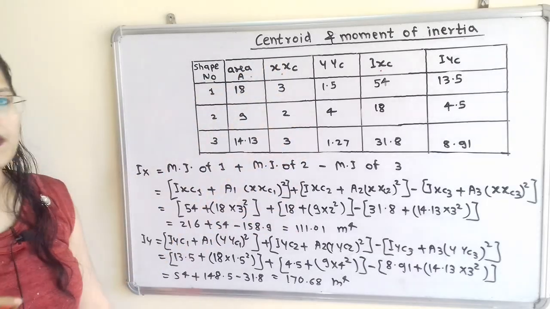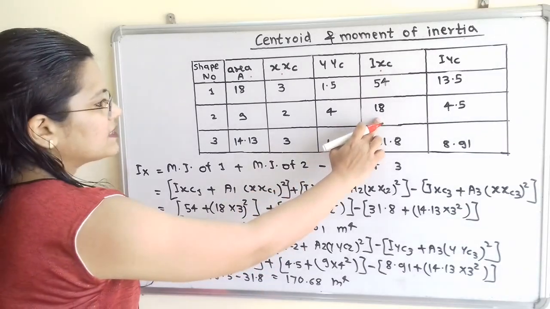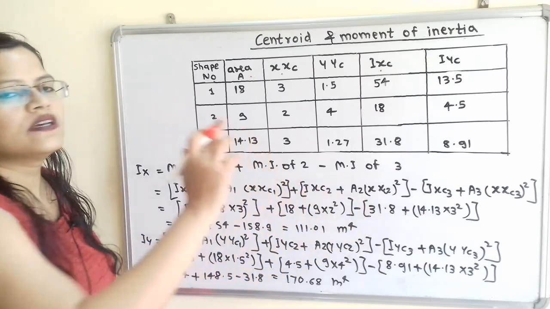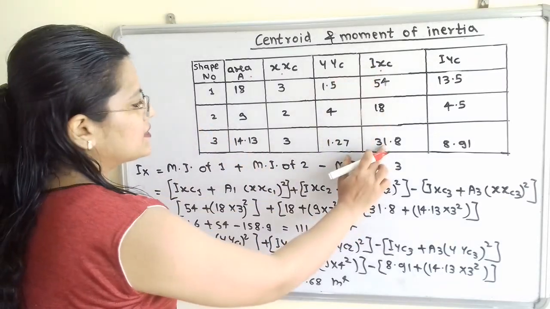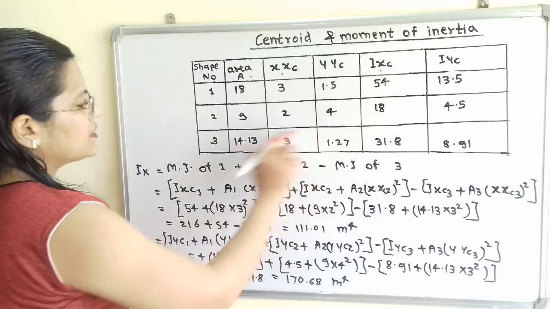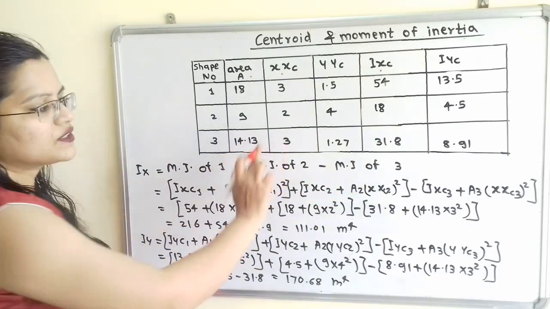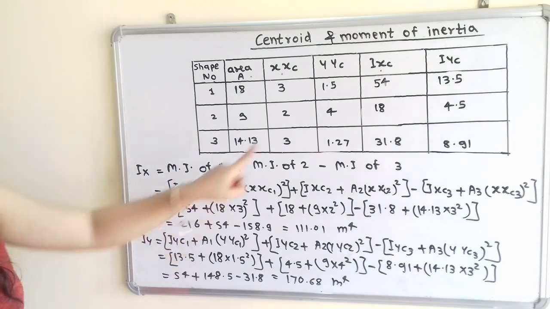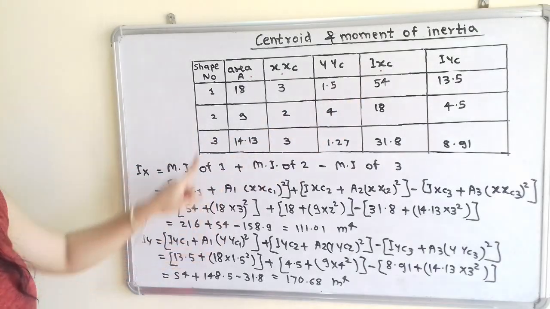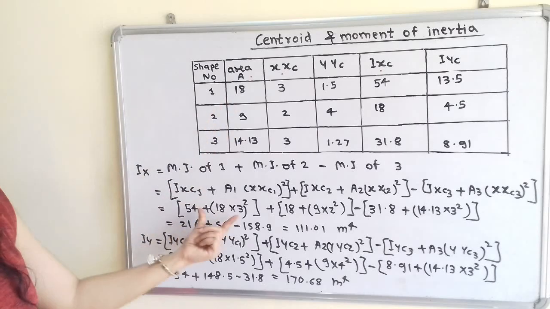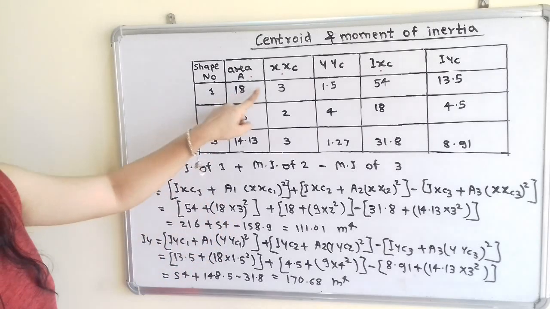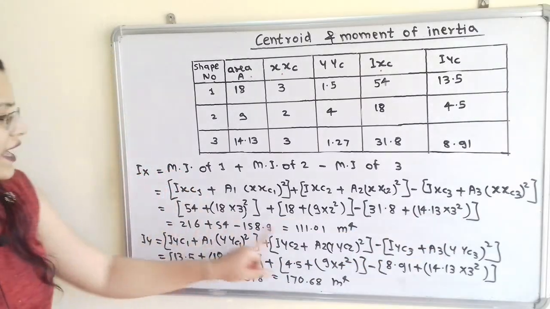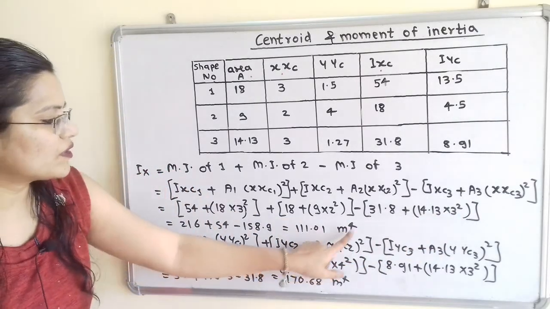Now for shape number 2 we write Ixc2 plus A2 (x minus xc2) squared, then minus Ixc3 plus A3 (x minus xc3) squared. Now we will put the values already calculated. So we take 54 plus, in the bracket because we have to solve this bracket first, 18 multiplied by 3 squared. In the same way we put the remaining values, and the answer is 111.01 meter raised to 4.